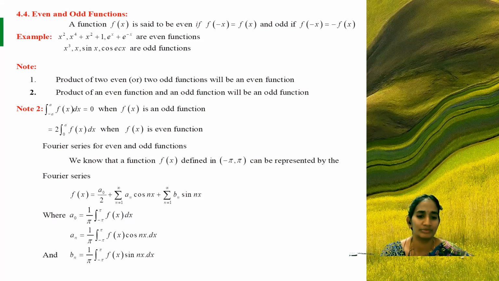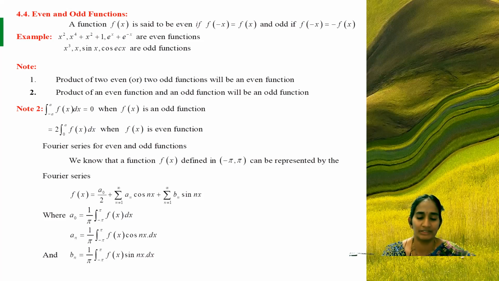Now we are substituting f of x. Suppose here f of x is an odd function. Cos nx is even. You are multiplying odd into even, so the value is odd. So you know the integral from minus pi to pi of an odd function, your solution is 0. Okay. Suppose cos nx is an even function.